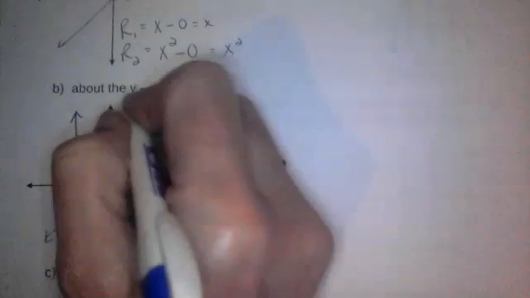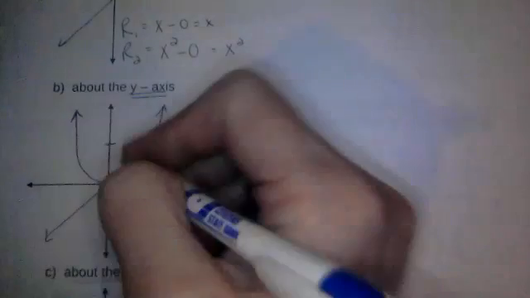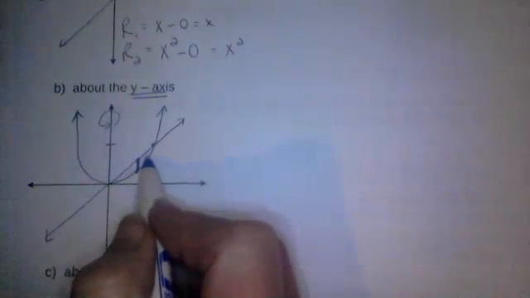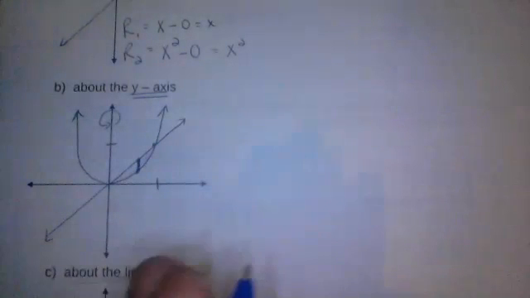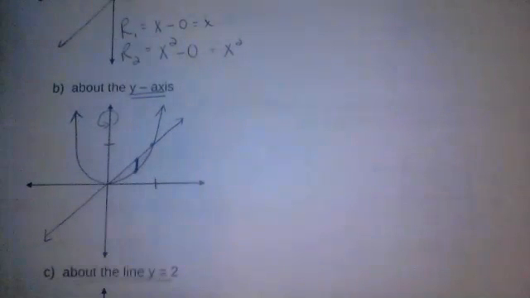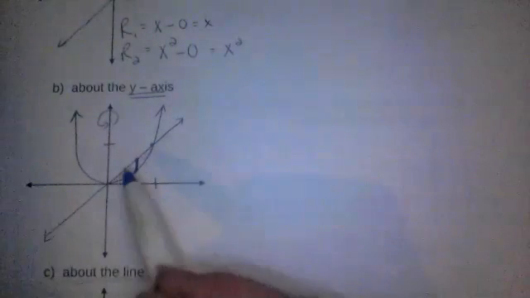And this time, we're supposed to rotate around the y-axis. So now our representation, remember this is going to spin around the y-axis. And so this whole shape spinning around the y-axis is going to create kind of a bowl shape with a V cutout in the middle.